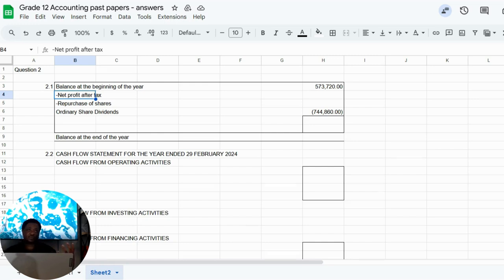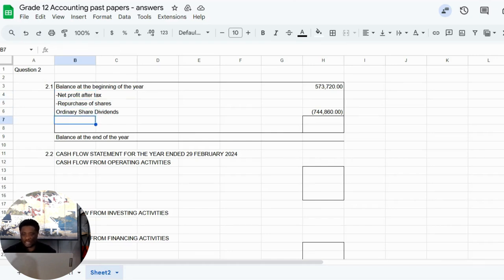So if you have an average issue price of 5 Rand and the shares were repurchased for 6 Rand, in the retained earnings we just take the 6 Rand minus the 5 Rand, which is 1 Rand. That will be the repurchase of shares that goes into our retained earnings. The average issue price would go into our share capital note, but we're not doing share capital in this case, so it's not something we're going to worry ourselves about.